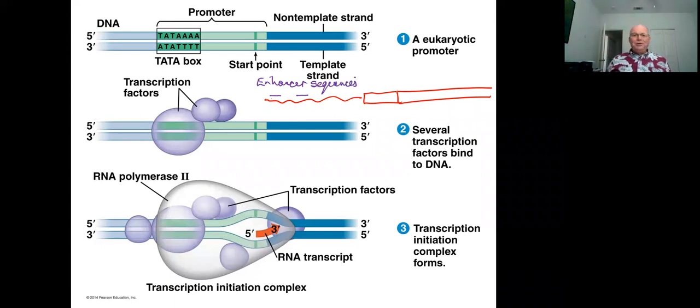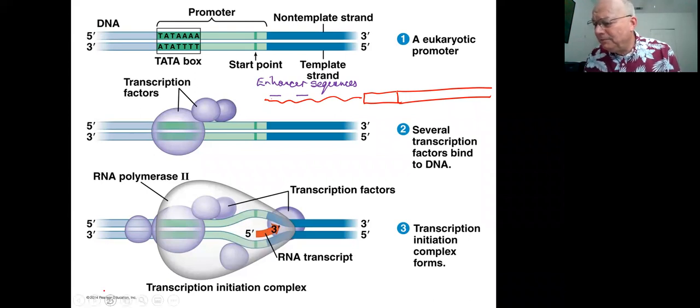And you can see that these are at a distance from the actual promoter region. So the way this is dealt with is for the DNA itself to actually bend around.